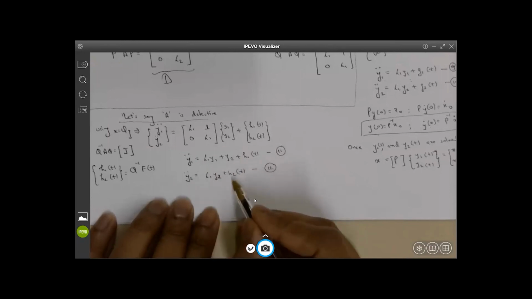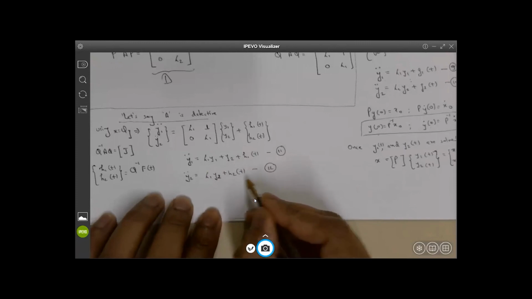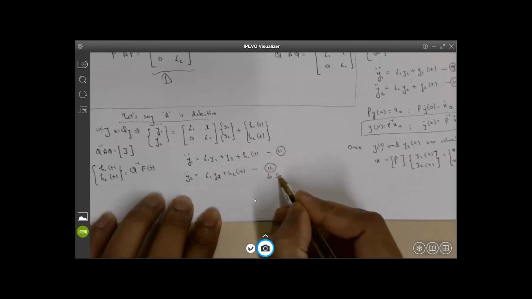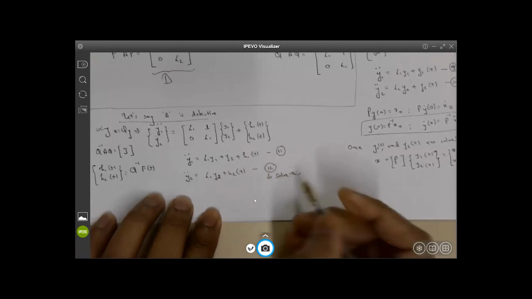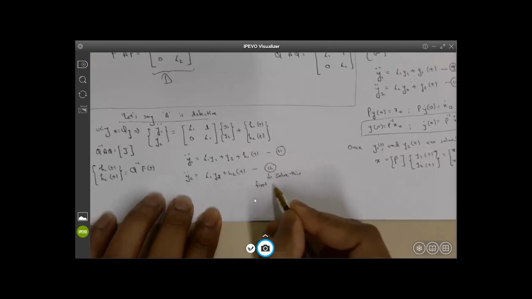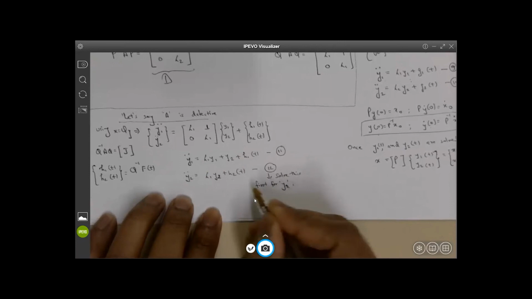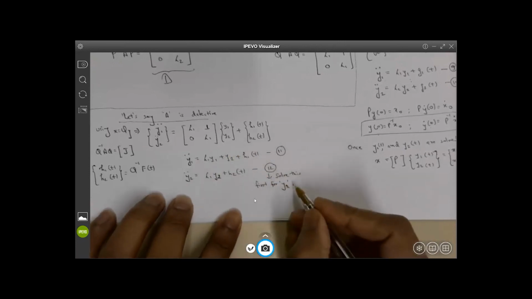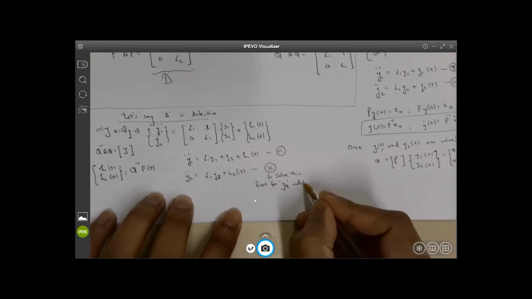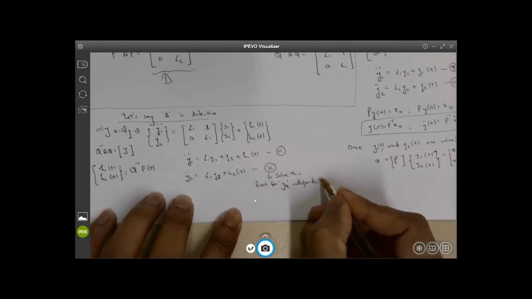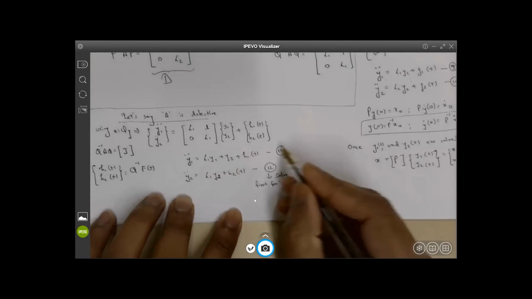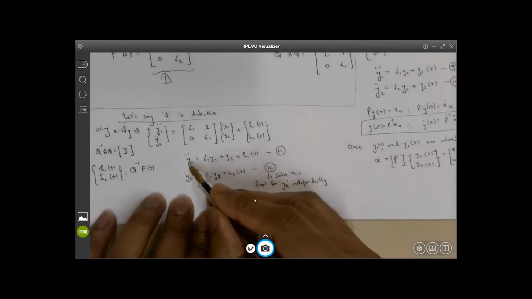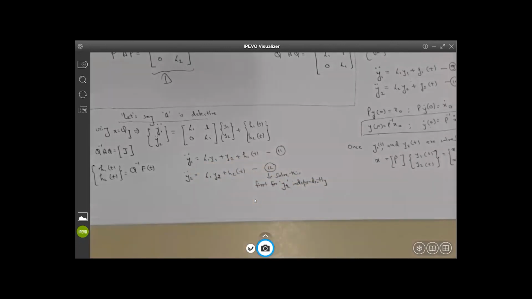So you can solve this first for y2 independently, and then substitute that solution of y2 into the first equation to solve for y1. Let me know if it makes sense to you guys.